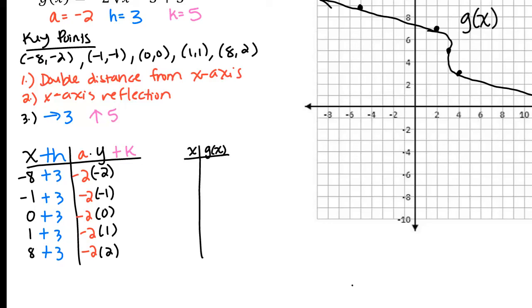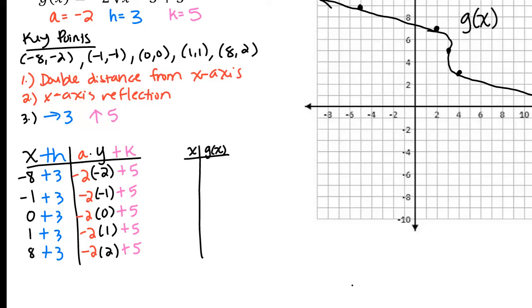And then we add k, which k is 5, so I'm really adding 5. If your h and k values are ever negative, you're basically subtracting instead of adding, but this is the same concept. Okay?